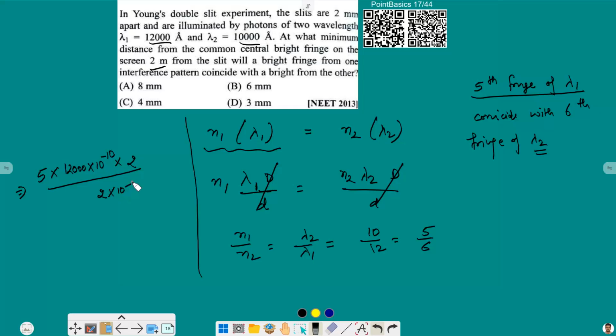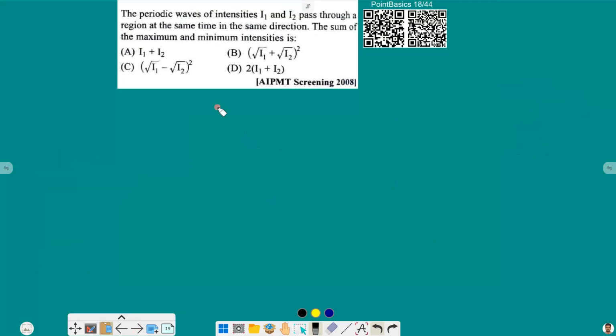So 10 raised to power minus 3. This gets cancelled. Here we will get 60. These three zeros are adjusted here, 10 raised to power minus 7, and this will further reduce to 10 raised to power minus 4, and that will be 6 mm. So that is option B for us. Option B is the answer here. Let us move to the next one.